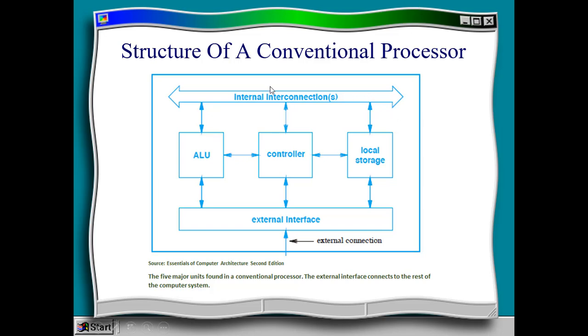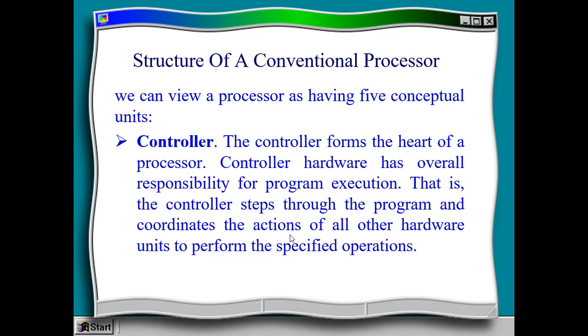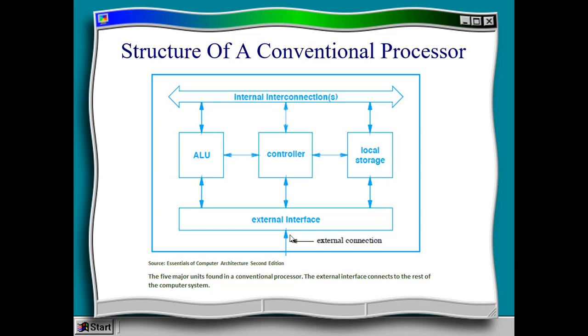We have the internal connection, we have the arithmetic logic unit, we have the controller, we have the local storage, we have external interfaces, and then we have external connections. So we go straight and discuss the purpose of each.